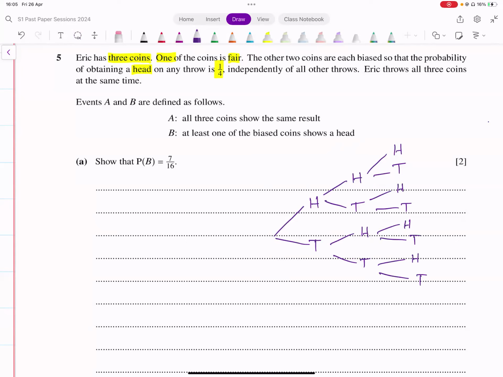Now, what do we want? The event is that at least one of the biased coins shows a head. So what we're saying is the first coin, this one is fair. So this is 1/2 and 1/2. The other 2 are biased. And we want head on at least one of them. At least one of them. What are those cases going to be?